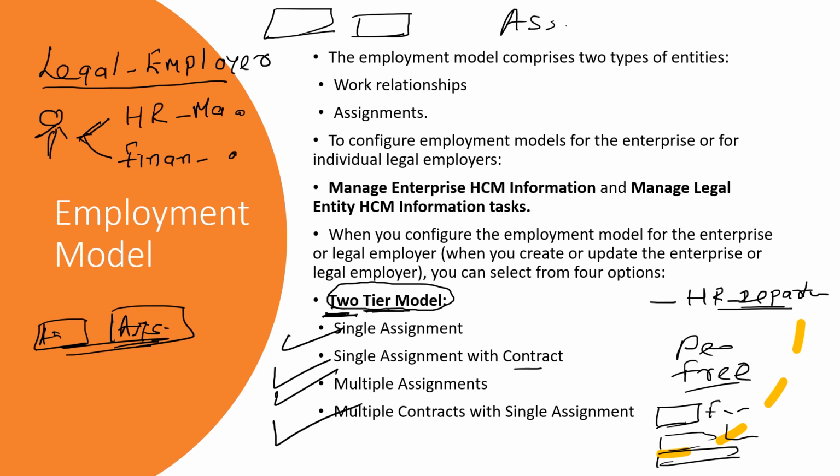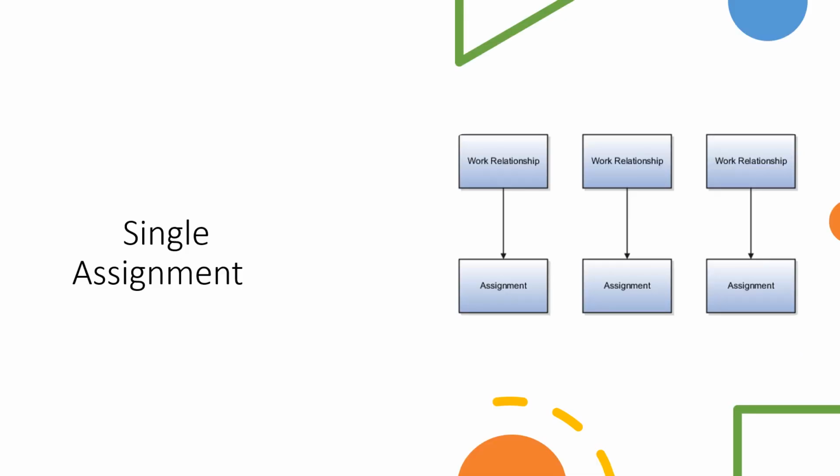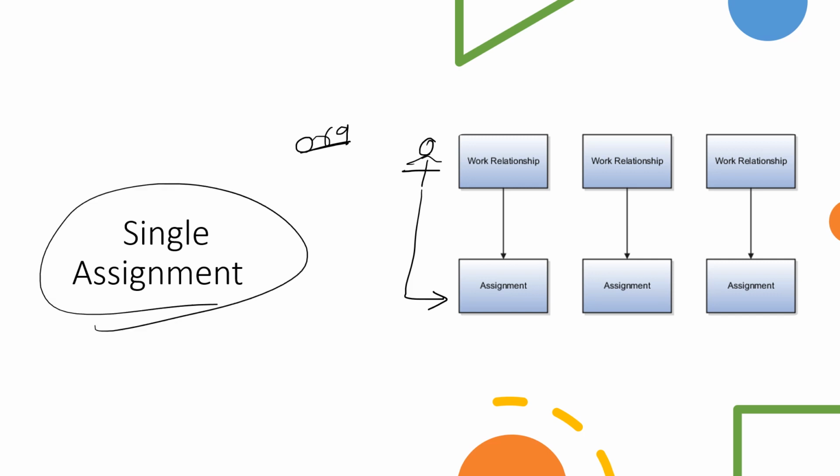If I just go and show you the representation part, we will have a relationship. Definitely when I'm working with any organization, I will form a work relationship. In that, every person will have one work relationship, and then the work relationship has a single assignment. So this comes as a part of my single assignment. With single assignment and multiple contracts, again in the two-tier we have one option where I have a work relationship with the organization, with the legal employer, and then I will have an assignment with the contract.